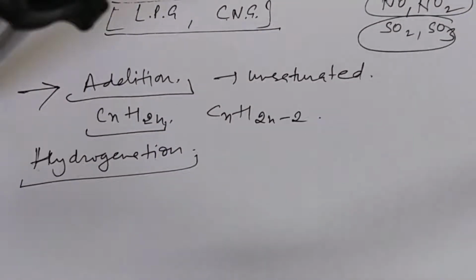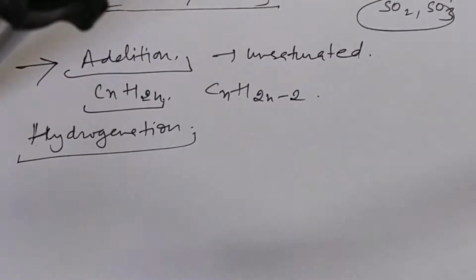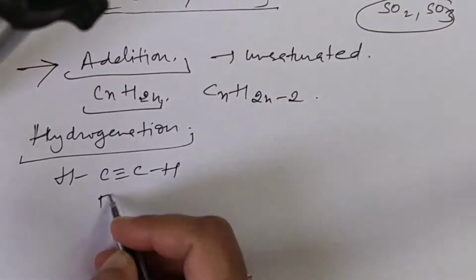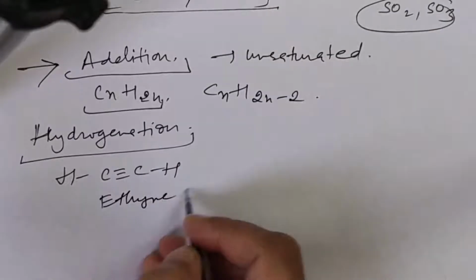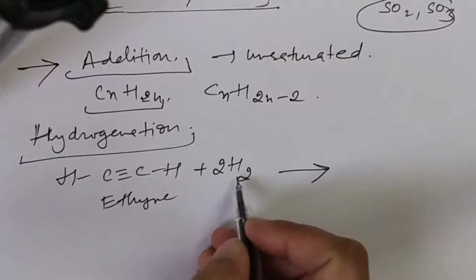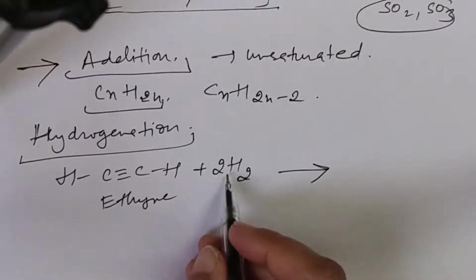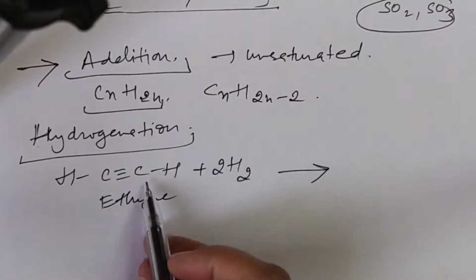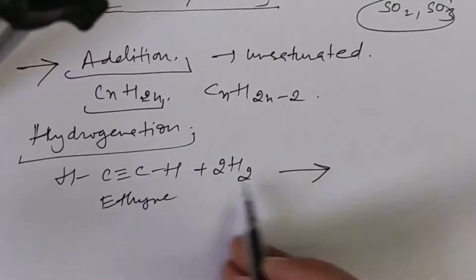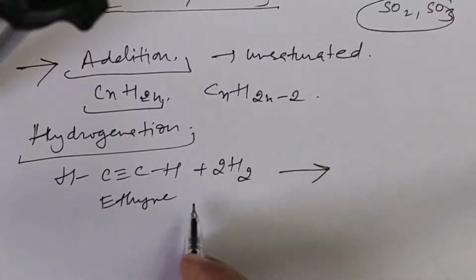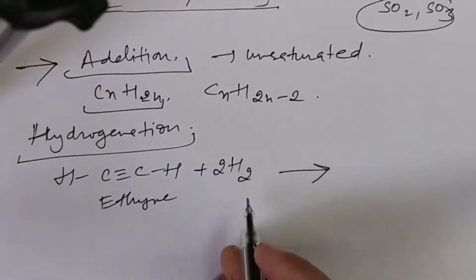What is hydrogenation? It is the addition of hydrogen. Suppose we take the example of the ethyne molecule. When 1 mole of hydrogen is added to the ethyne molecule, it converts into an ethene molecule, and when a second mole of hydrogen is added to ethene, it converts into an ethane molecule.